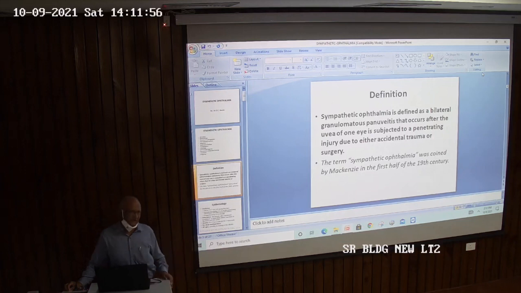Terminology, you can see: bilateral, both sides. Granulomatous. What do you mean by granulomatous? Because we have discussed iridocyclitis, no? At that time we discussed granulomatous and non-granulomatous uveitis. Tell me what is granulomatous uveitis, so that we can differentiate it from the non-granulomatous.